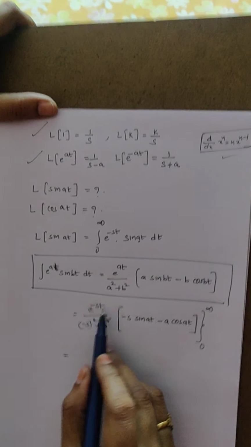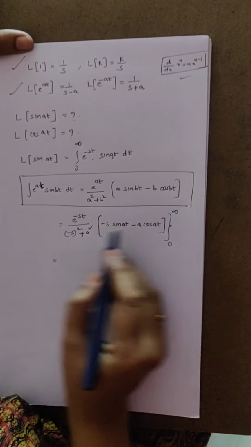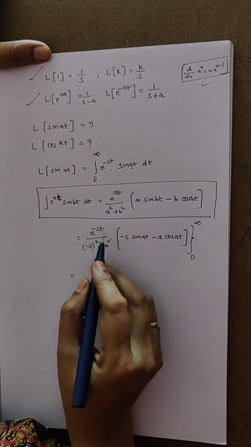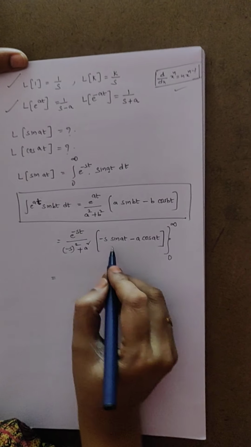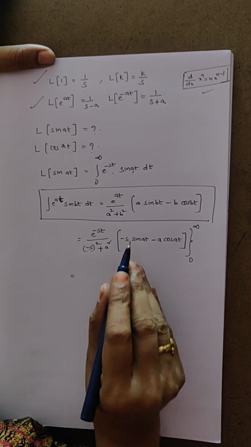In place of t, upper limit infinity, that is e power minus infinity, value 0. So 0 into the whole expression becomes 0.